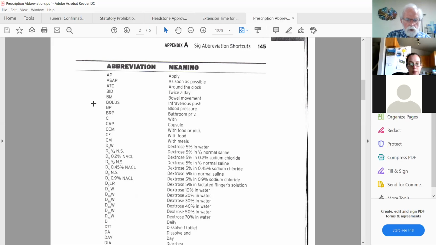Bolus. When you're giving an intravenous or intramuscular shot, we can poke the needle in and squeeze the entire contents into the patient. That's called a bolus. When it's standardly with intramuscular, subcutaneous, those routes, it's going to be a bolus shot. The other way is intravenous. Intravenous can be through time, over time.